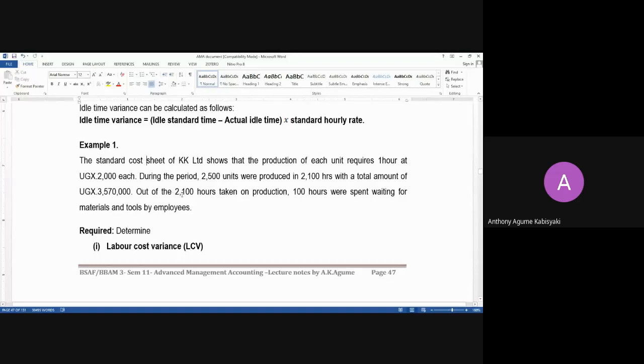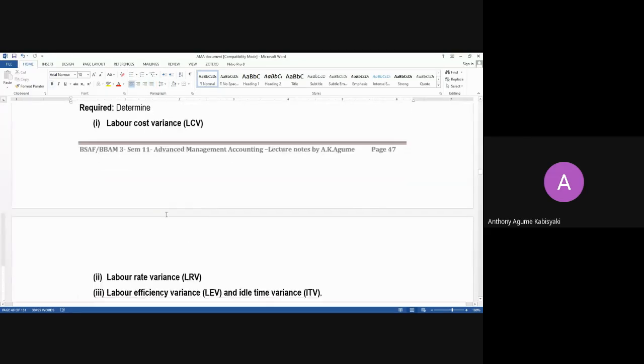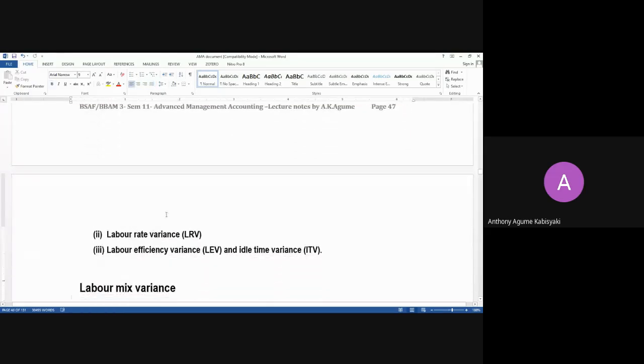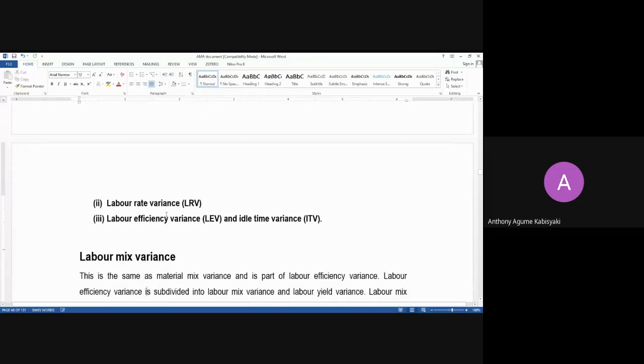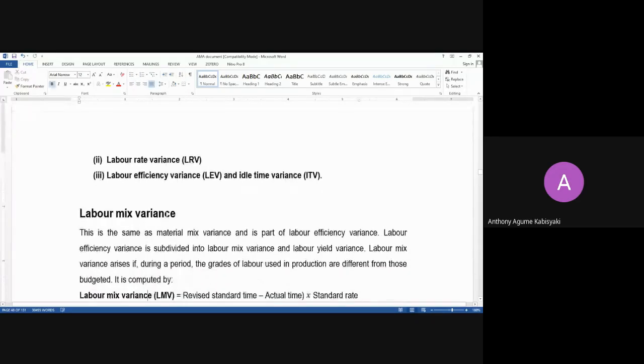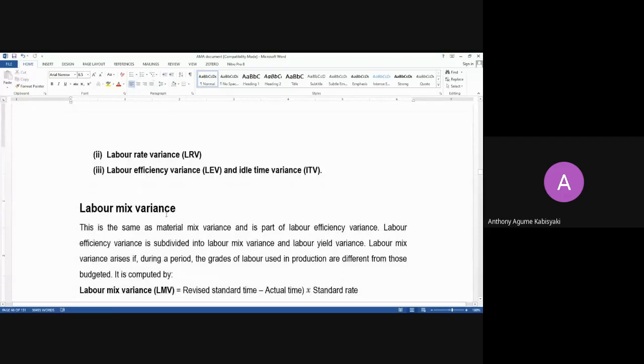Out of the 2,100 hours taken on production, 100 hours were spent waiting for materials and tools by employees. So determine the labor cost variance, the labor rate, the labor efficiency, and the idle time variance, ITV. Can you do that?